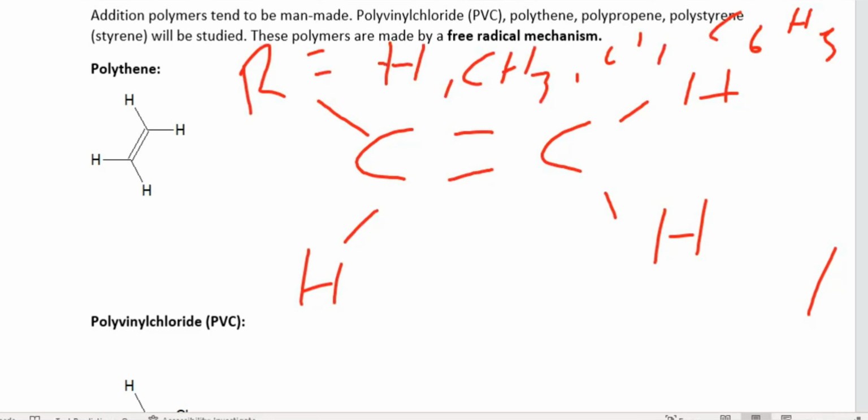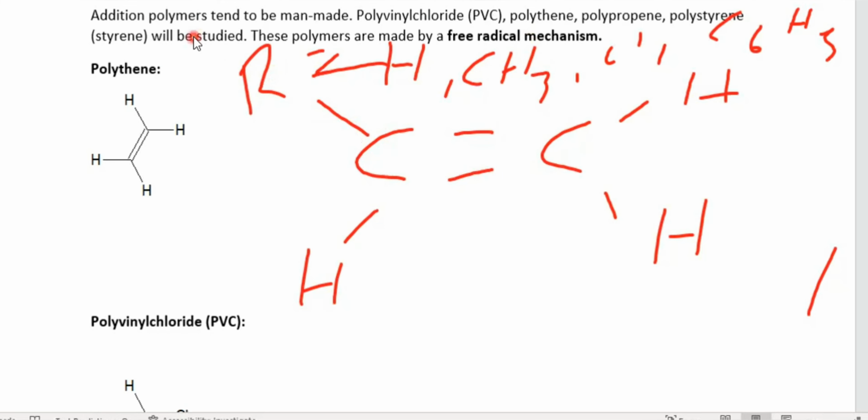Now, if R is hydrogen, then this molecule becomes ethene, and the polymer made from that is going to be polythene or polyethene. See it right there, this one. Now, if R is CH3, then there are 3 carbon atoms in the chain.